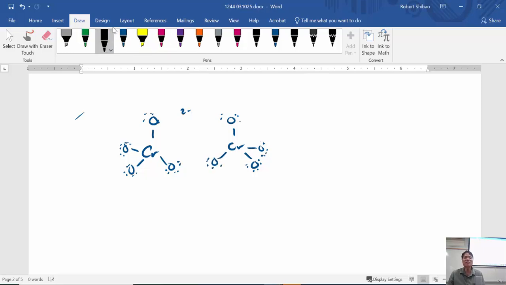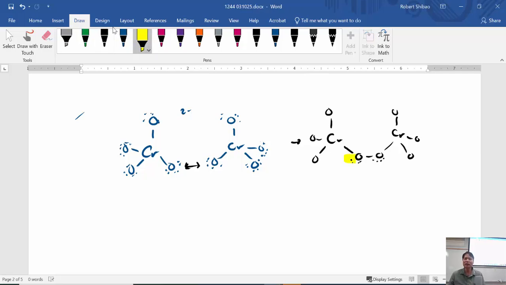I'm just going to link the oxygens together, like so. But do you see this bond here? What kind of bond is that? We give a special name to this bond. Yes, this is called a peroxide bond.